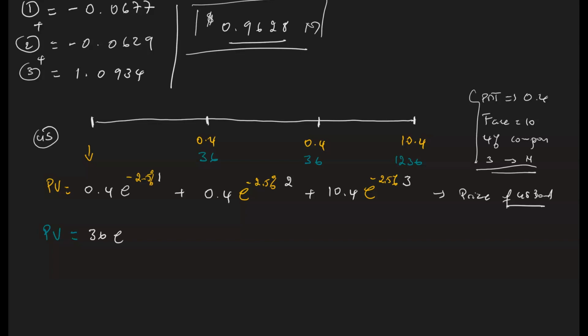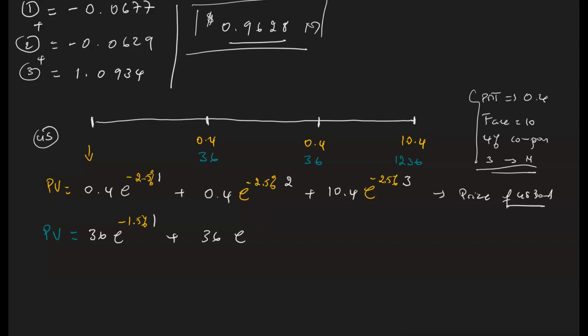This time it's the Japanese yen, so we're going to use the Japanese interest rate, and that's at 1.5%. So minus 1.5% for 1 year, plus the 36 again, and then the exponential of minus 1.5%, the interest rate in Japan, for 2 years this time, because we're computing the present value.